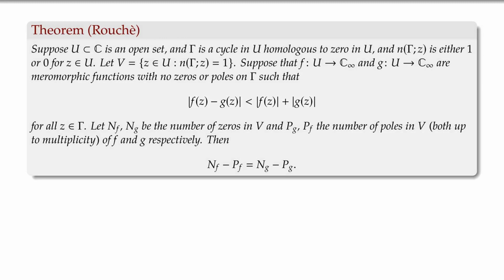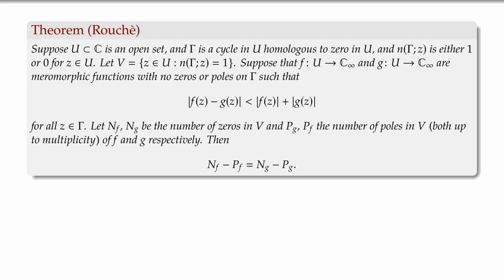Now, if we let n sub f and n sub g be the number of zeros in V of f and g, and p sub f and p sub g are the number of poles of f and g, then what we get is that these differences, n sub f minus p sub f, is equal to n sub g minus p sub g, right?